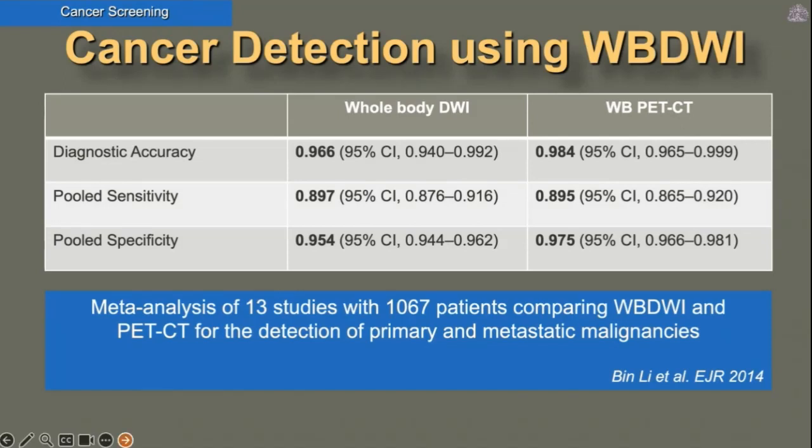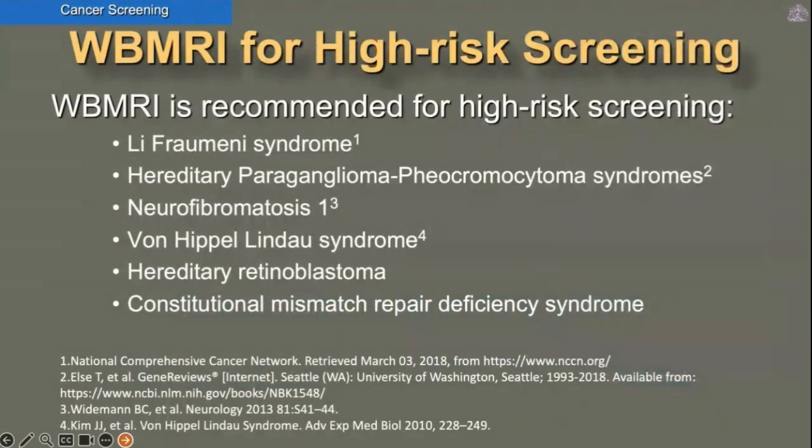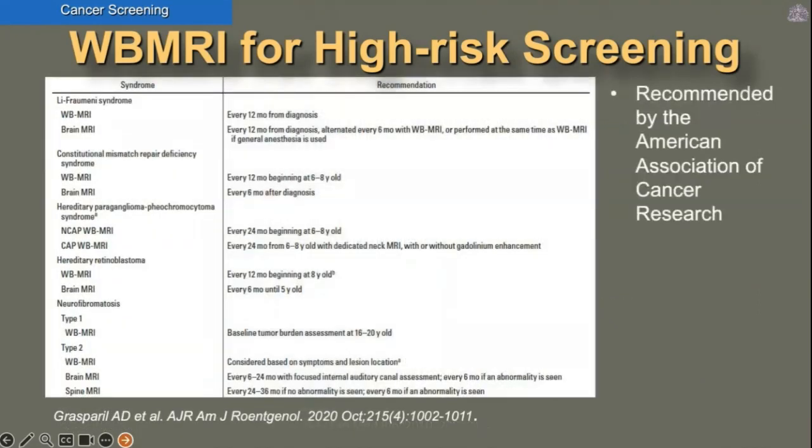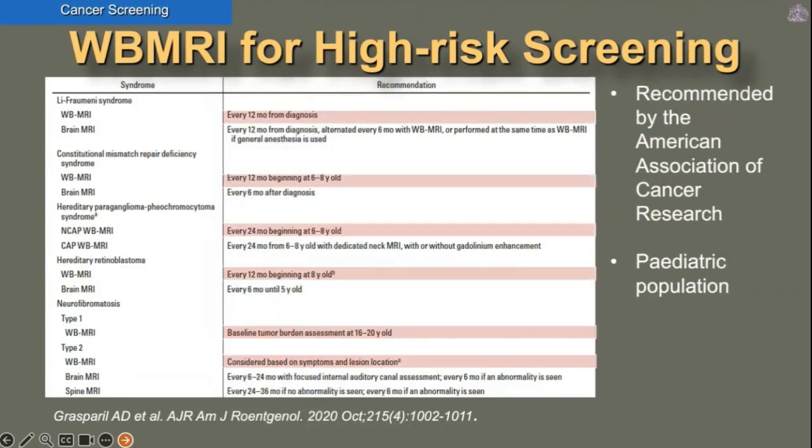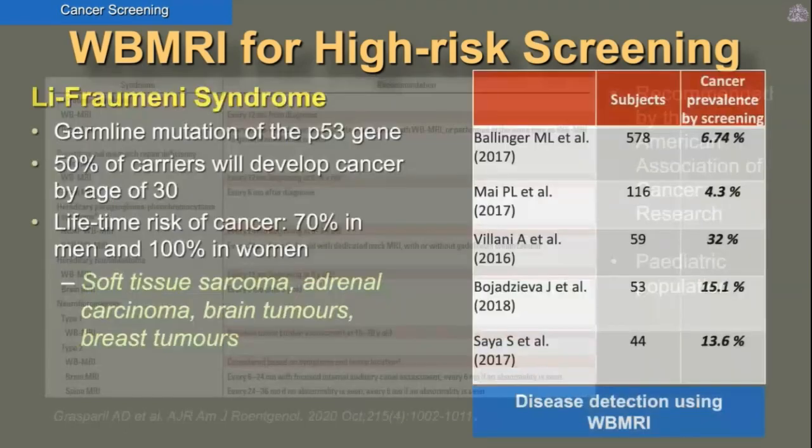So not surprisingly, where whole body MRI has first appeared for cancer screening is in patients with so-called high-risk genetic predisposition syndromes, such as Li-Fraumeni, and other syndromes that I'm not going to describe here today, except to say that if you look at the American Association for Cancer Research guidelines, they are now clearly recommended in these conditions.